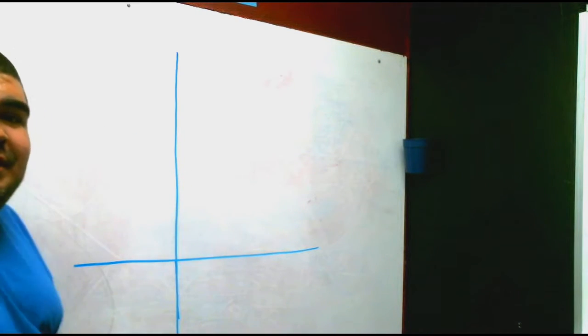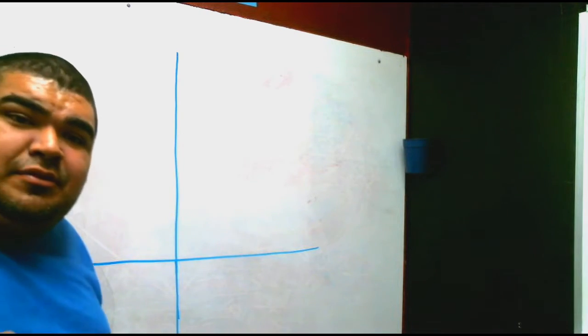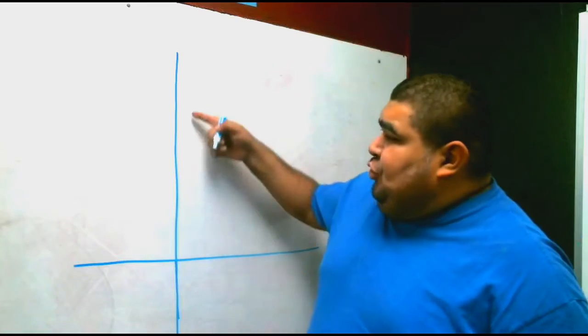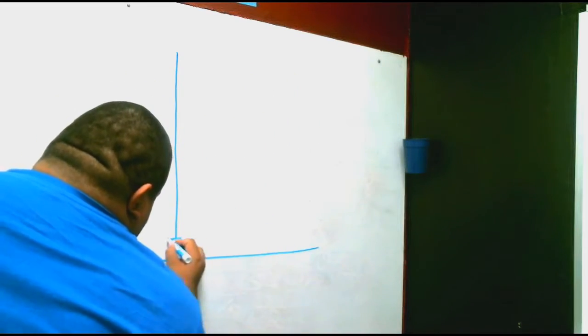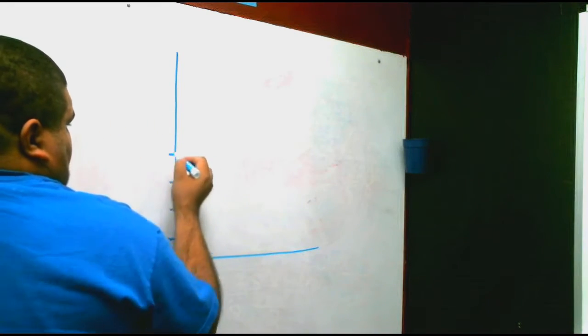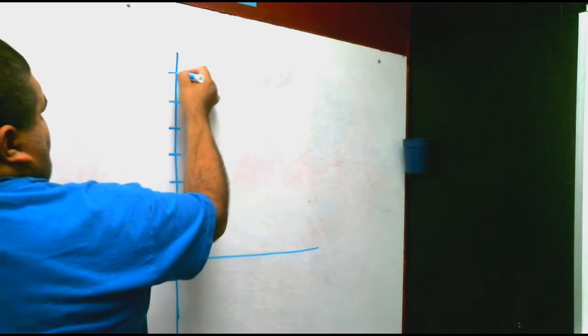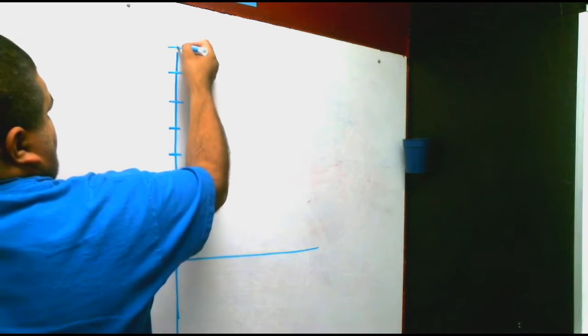Notice that my graph, I did it a little bigger here because if you guys remember, the last number is a 14 point something. Okay. I'm going to go by 2s. So we have 2, 4, 6, 8, 10, 12, 14, 16.